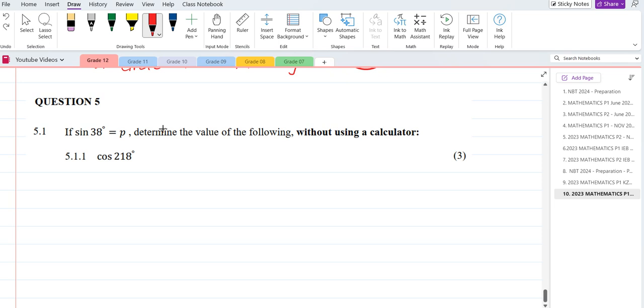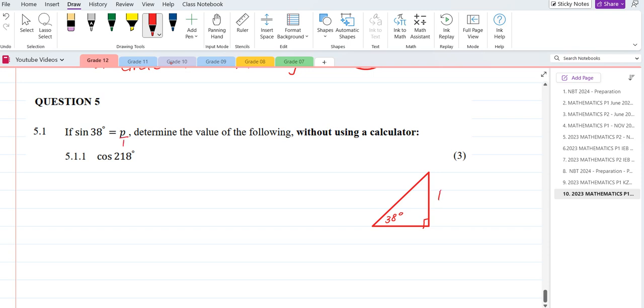Now you don't need to draw this triangle in the first quadrant because there are no further conditions given. You don't need to draw the triangle in quadrants. So we know sine 38 degrees is equal to P. So 38 degrees is at the bottom, P over 1, right?